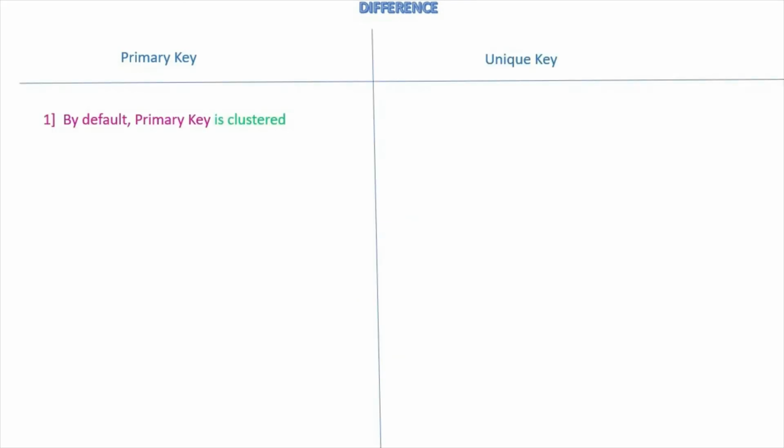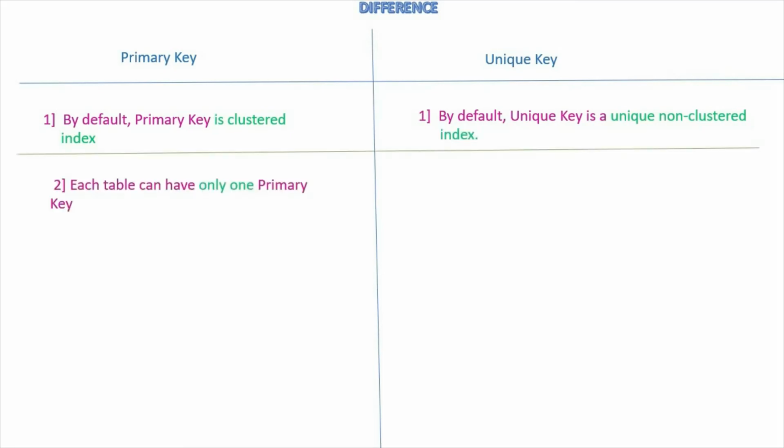Difference: primary key versus unique key. By default, primary key is a clustered index. By default, unique key is a unique non-clustered index. Each table can have only one primary key. Each table can have more than one unique key.